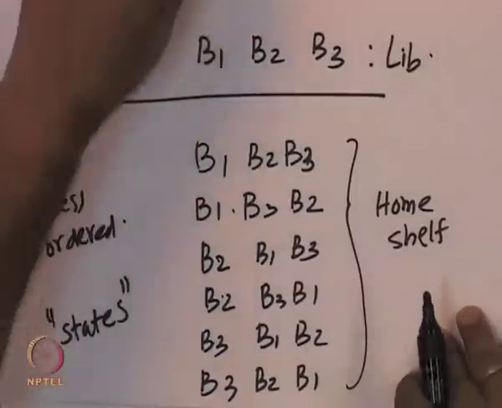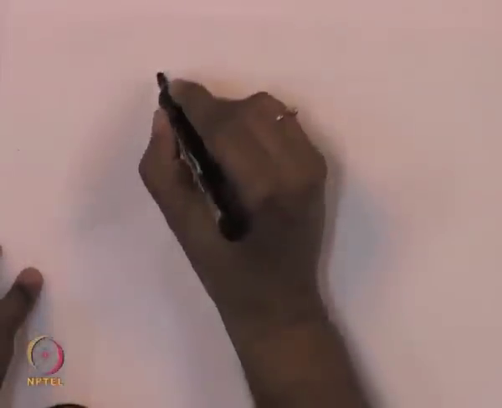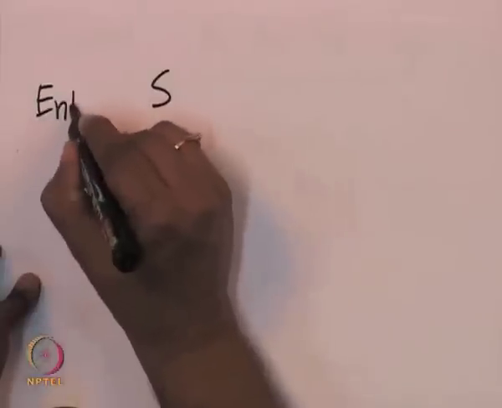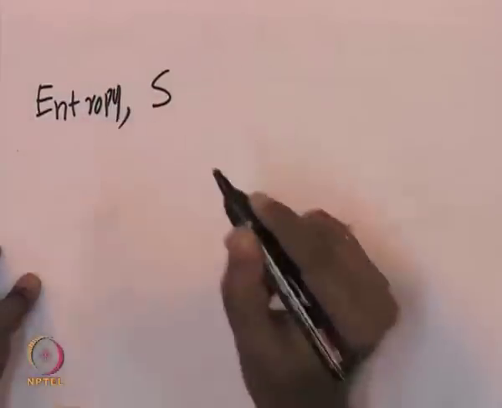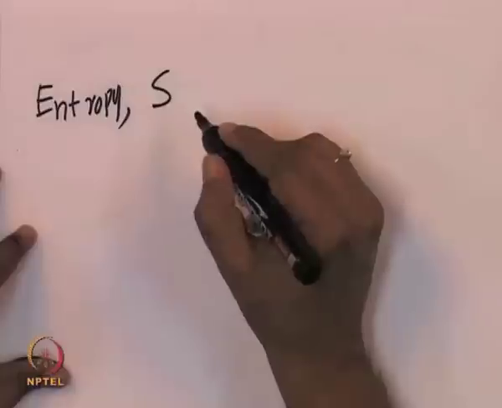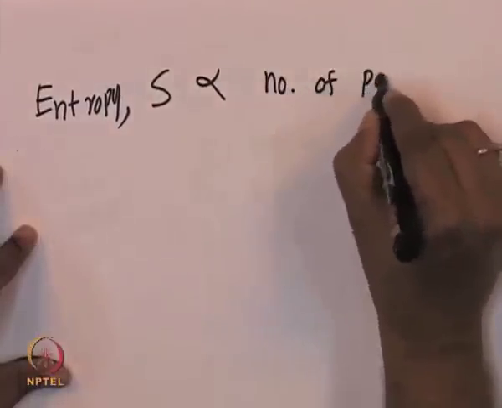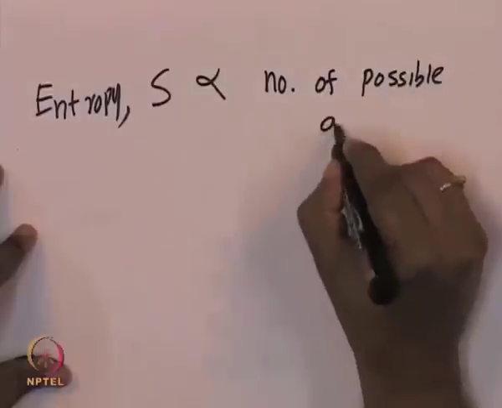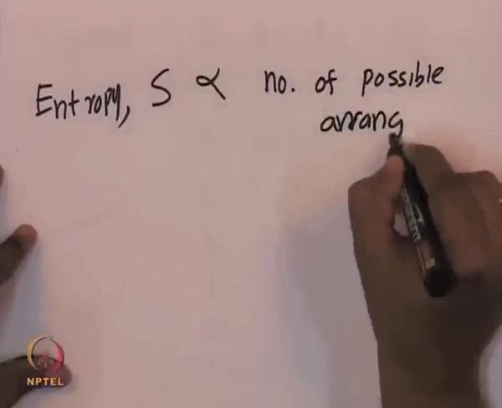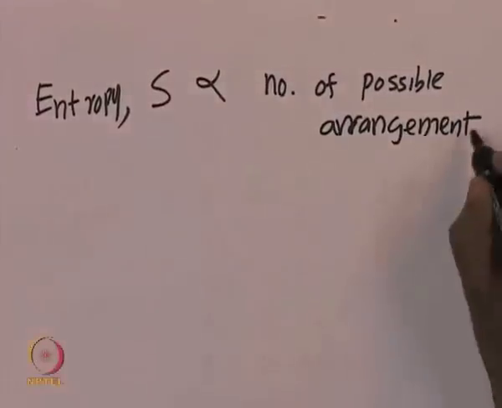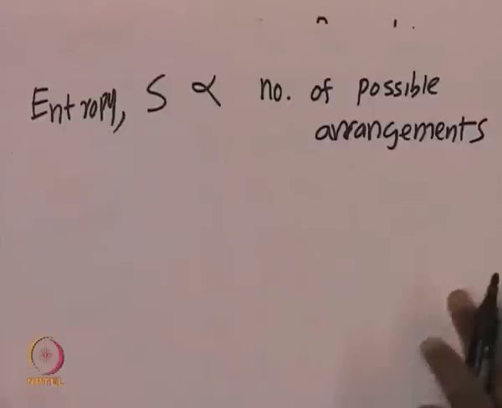It turns out that the way to define entropy, entropy S, so this is the notation we will use for entropy, is that entropy S is proportional to the number of possible arrangements. In the library there is only one arrangement, but at home we had many possible arrangements, so there is more entropy.